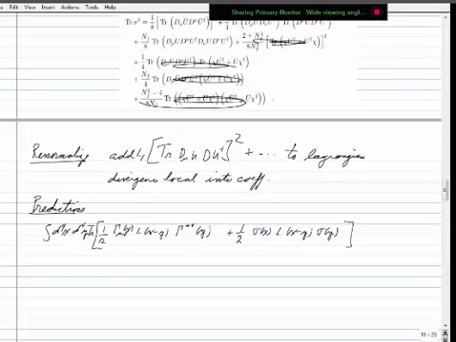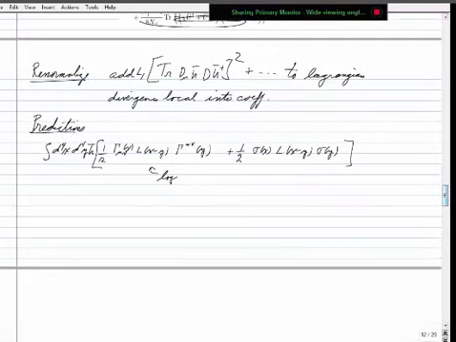But we do have these guys here. So these are the divergent parts of the Lagrangian. The way you renormalize, in this case, these are new terms. You have to add terms with 4 derivatives.